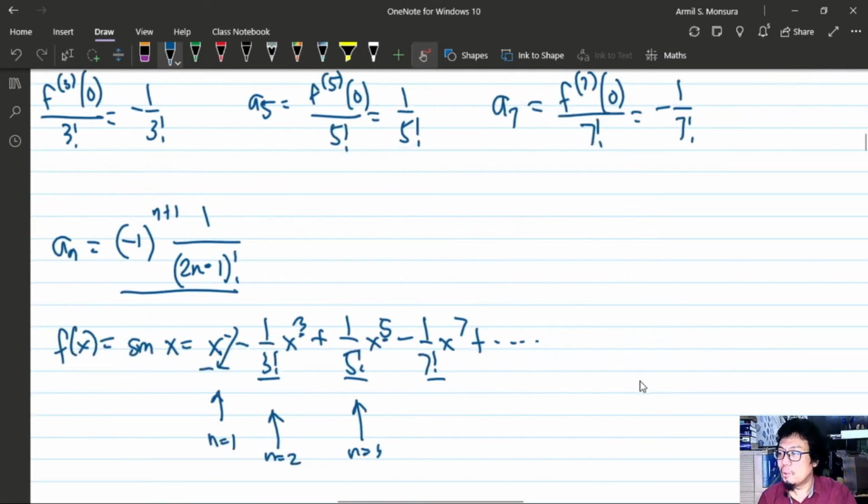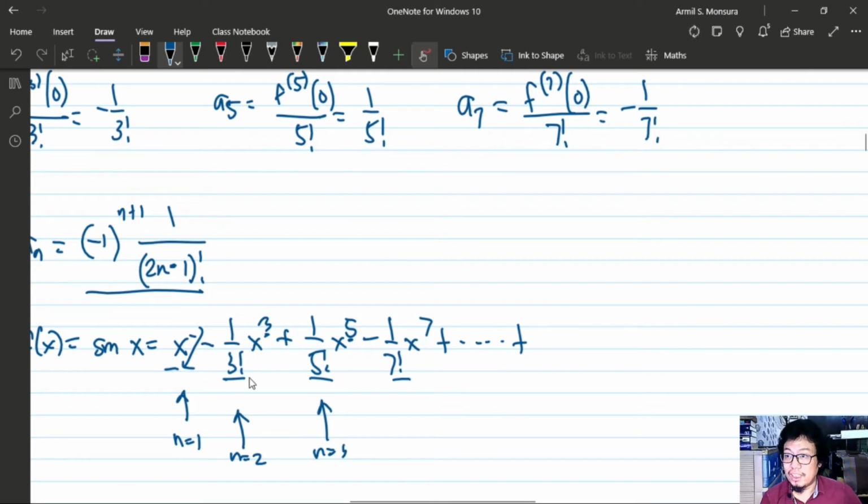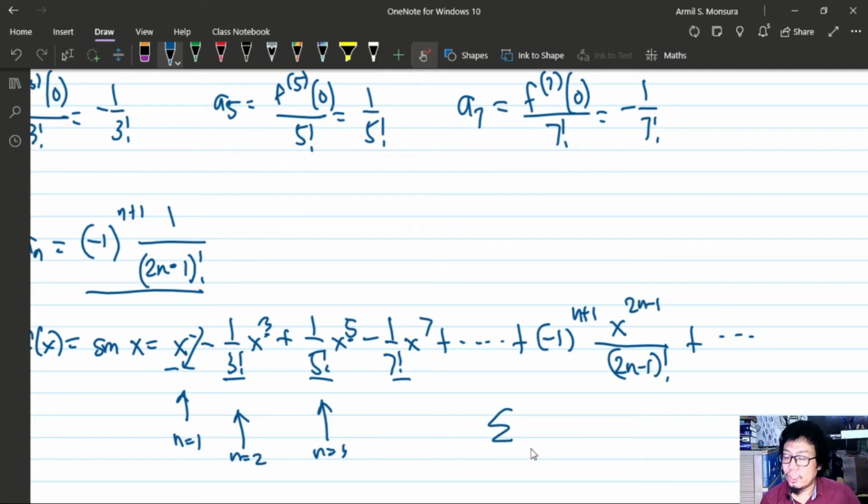So therefore, we can write the nth term of your series to be negative 1 raised to n plus 1 times x raised to 2n minus 1, and the denominator as 2n minus 1 factorial. So the Maclaurin series that would represent your sine is the summation of negative 1 raised to n plus 1 times x raised to 2n minus 1 over 2n minus 1 factorial for n equals 1 up to infinity.